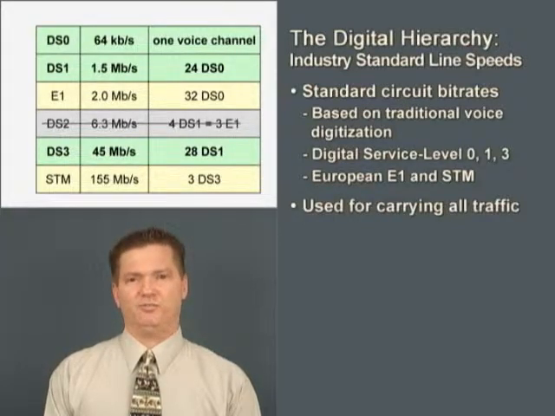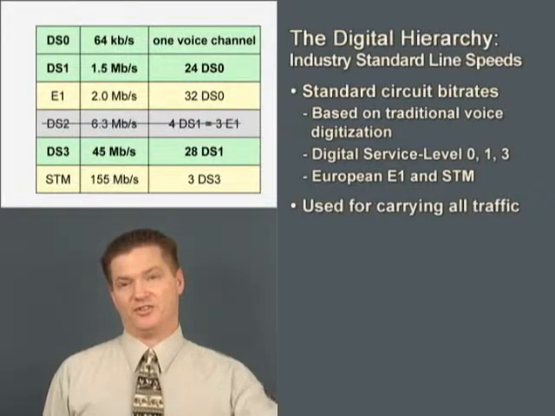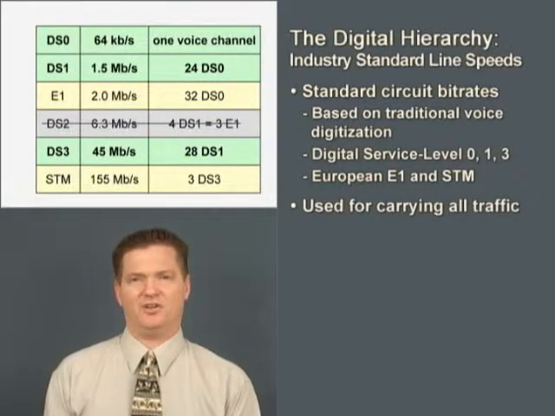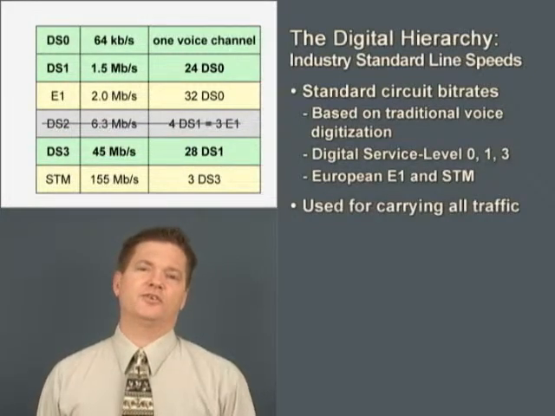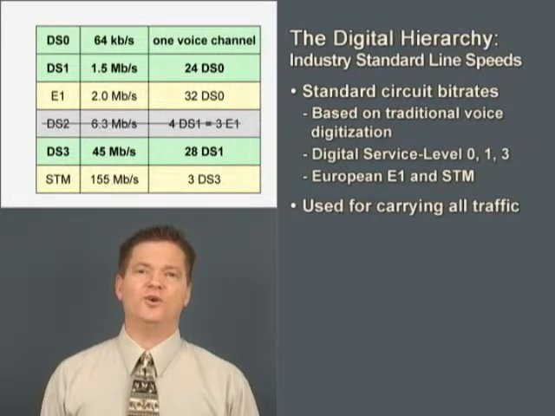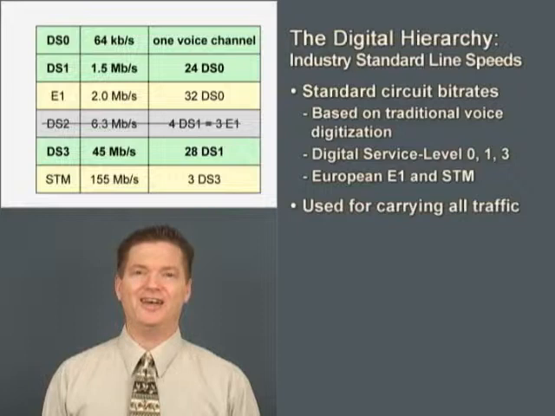This is what the big transmission systems in North America do: they move multiples of 45 megabits per second around. They move DS3s around. In the rest of the world, the transmission systems do synchronous transport modules, and if you move one of those 8,000 times a second, it ends up being about 155 megabits per second.